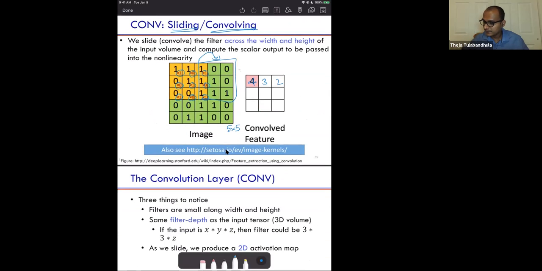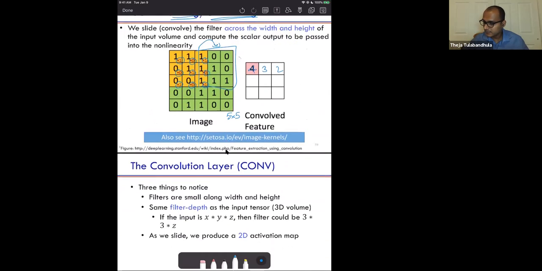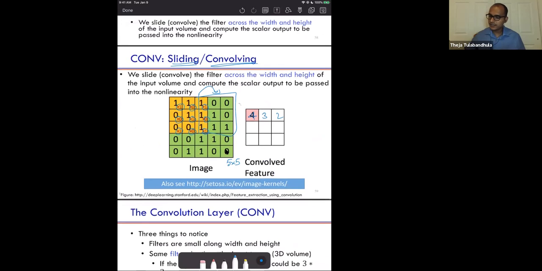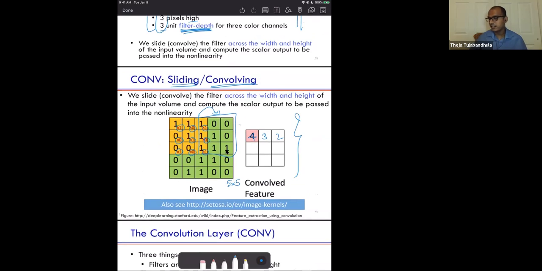All I'm saying is that, with a filter of 3 cross 3 cross 3 and an image of 5 cross 5 cross 3, I take the first matrix of the filter with the first matrix of the image, multiply element-wise, start from the top left, and keep sliding and multiplying element-wise to produce numbers.